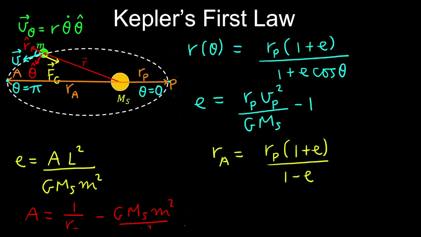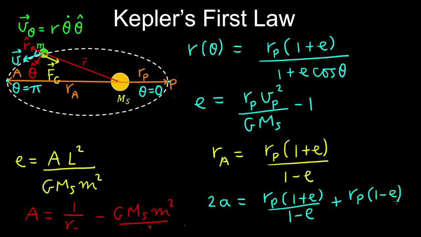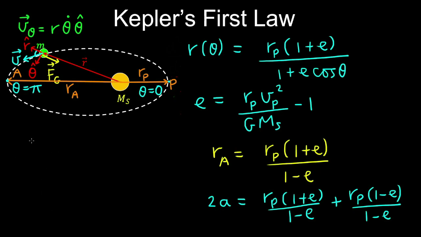And noting the length of the major axis of the orbit is 2a, which is equal to the distance to aphelion plus the distance to perihelion, which we can multiply by 1 minus e on 1 minus e. So that gives 2a by 1 minus e is equal to 2rp.